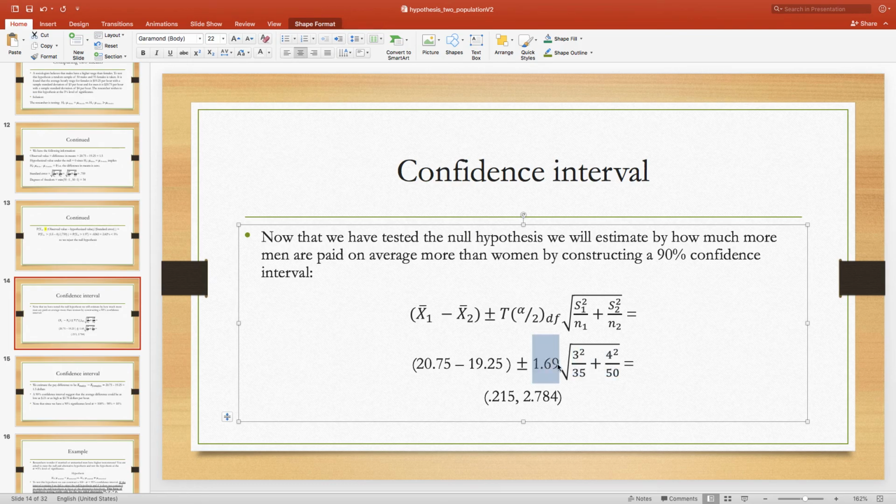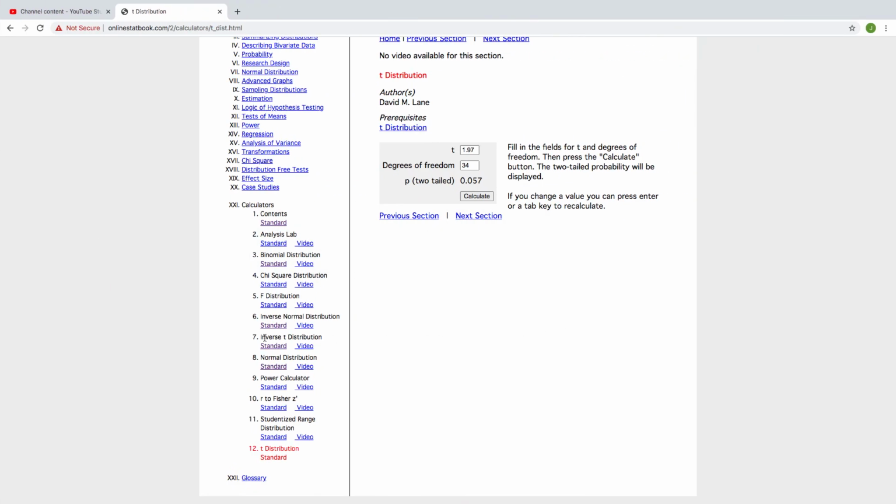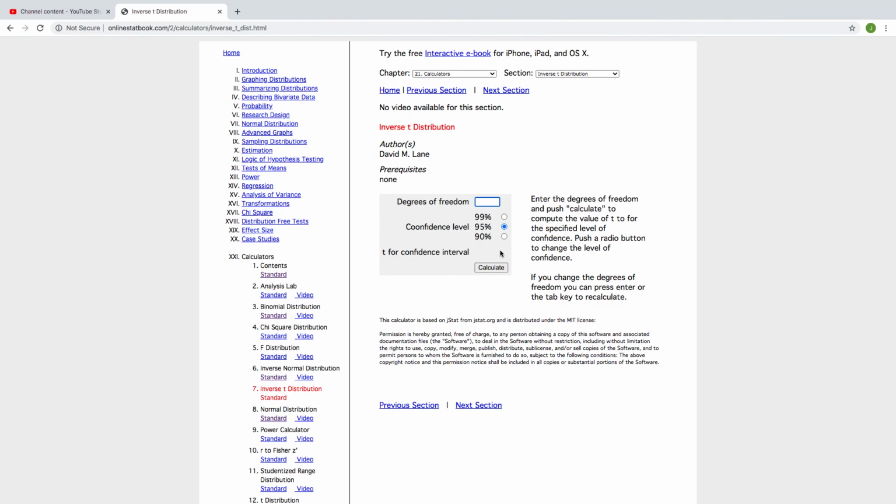Now I'm going to just backtrack here. How did I get this 1.69? I have a 90% confidence interval, 34 degrees of freedom, and alpha is 10%. So let's go to the inverse t-distribution. I want a 90% confidence interval, 34 degrees of freedom.